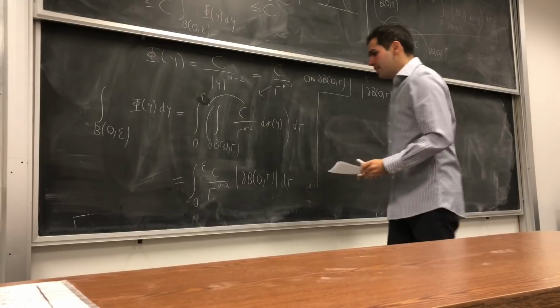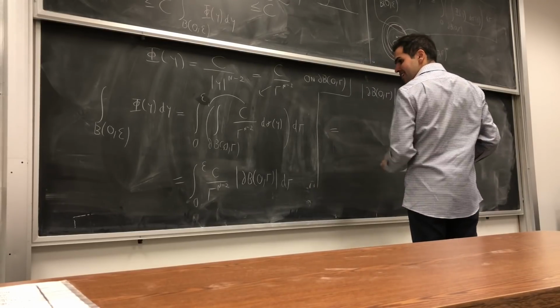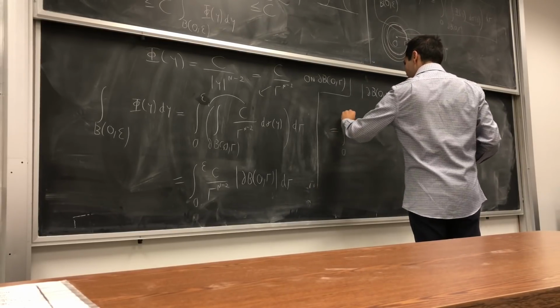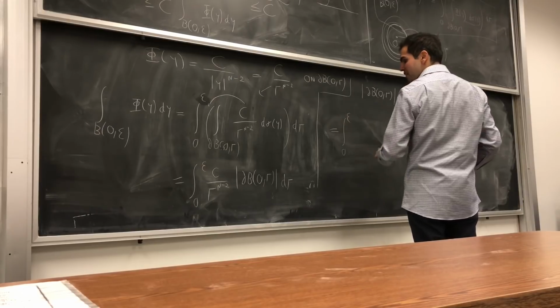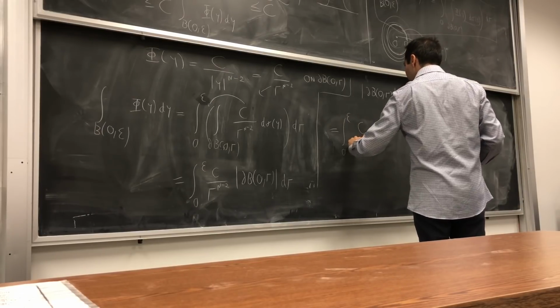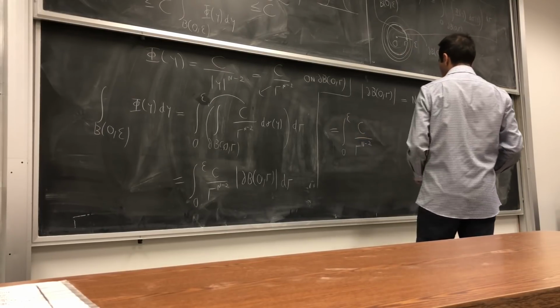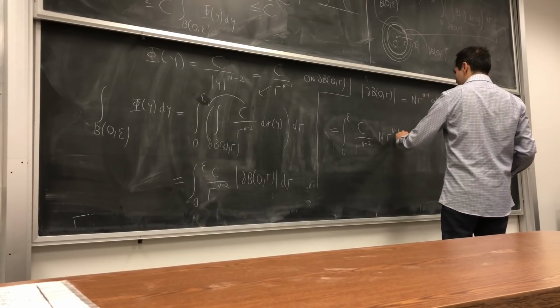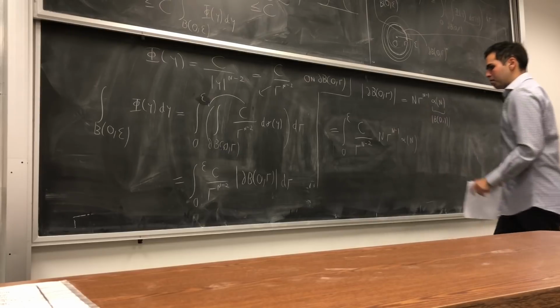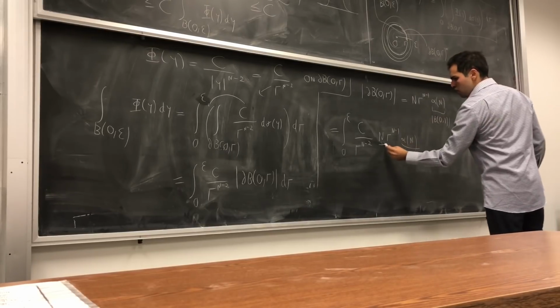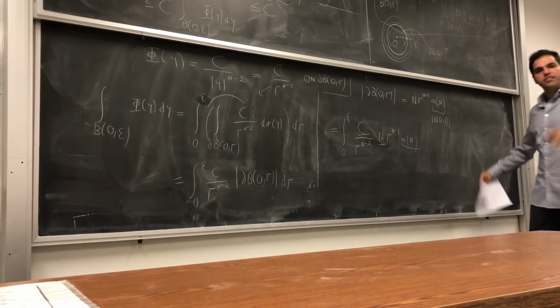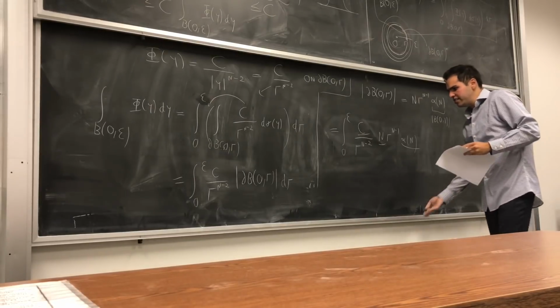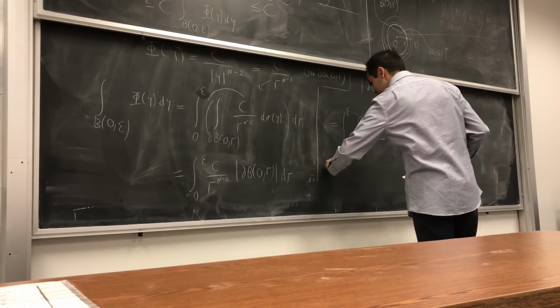So, in the end, we're left with that this term equals c times the integral from 0 to epsilon of 1 over r to the n minus 2 times n r to the n minus 1 alpha n. But those three things, they're constants, so let's just put them inside of another constant.